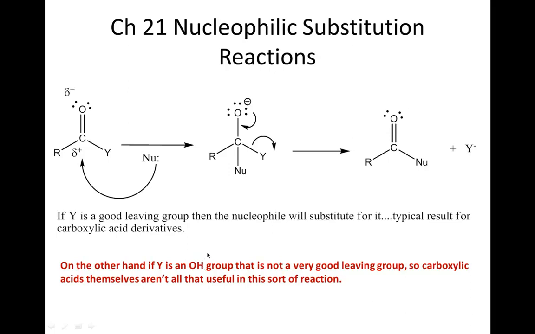We had situations like that back in chapter 11 and chapter 17 with alcohols: if we could turn the OH into a better leaving group, then we could get that oxygen off of there. The same thing is going to be true with carboxylic acids, and that's why a lot of the reactions that lead to their derivatives are really one derivative to another, and we don't study that in the context of the carboxylic acids themselves so much as with their other derivatives in chapter 21.